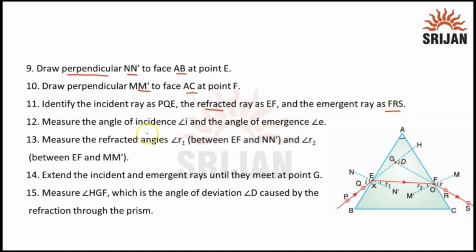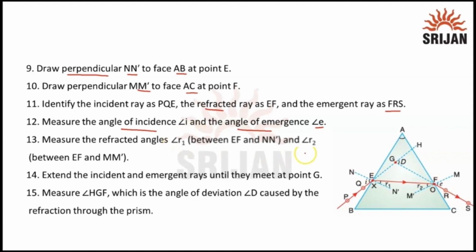The angle of incidence is the angle between the incident ray and the normal, so this will be the angle of incidence. The angle of refraction is the angle between the refracted ray and the normal. Similarly, we can mark the angle of emergence as angle E. This is the angle of emergence, the angle with which the ray emerges outside.